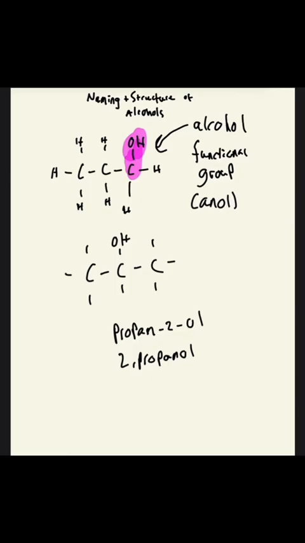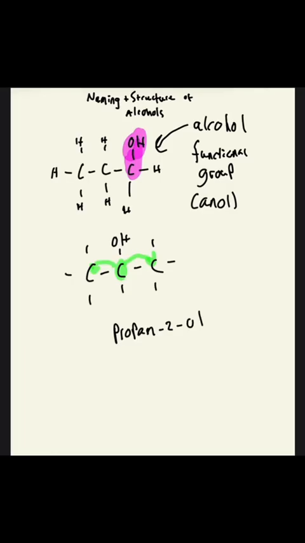Now, this alcohol is a secondary alcohol because if we go down to the OH group, and then to the carbon that it's attached to, that carbon is attached to 2 other carbons, which makes it a secondary alcohol.